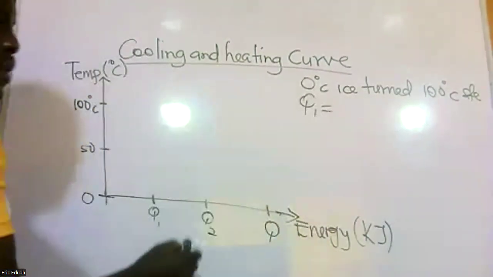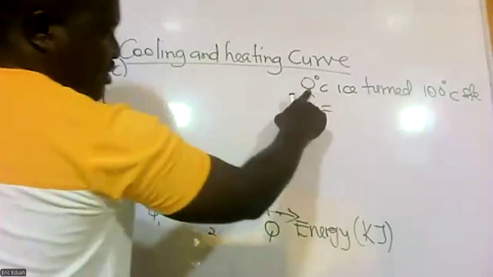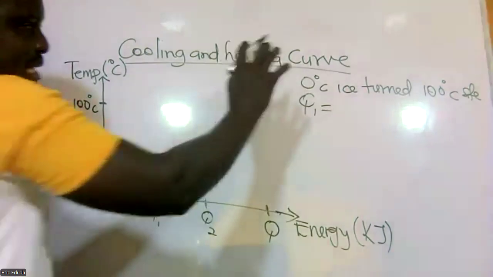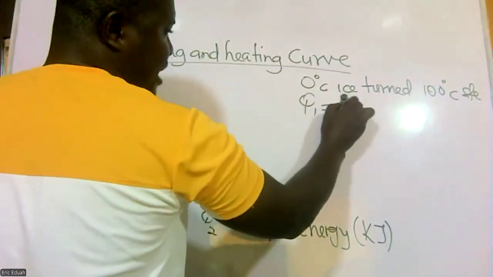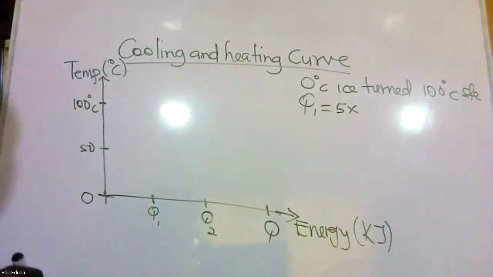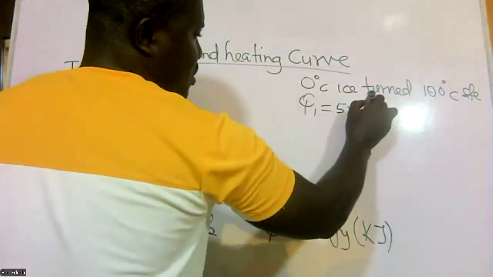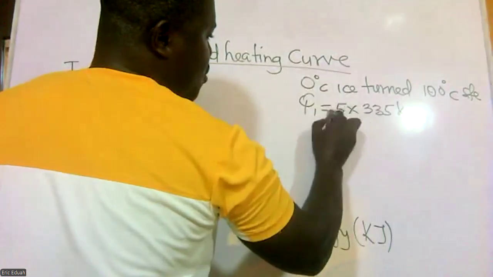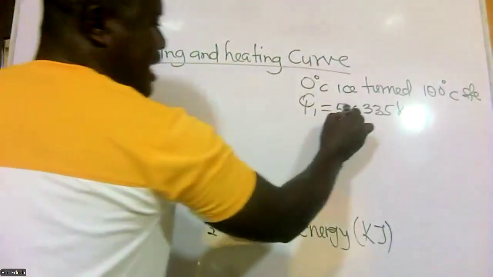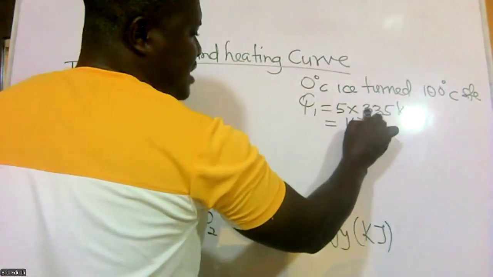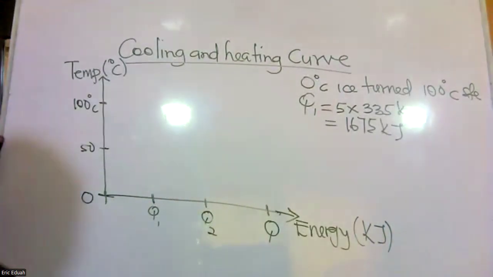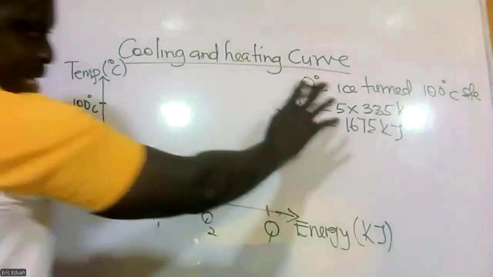Q1, fusion, because the initial temperature of ice is 0. Fusion: mass 5 times latent heat of fusion of ice, 335 kilojoules. We put this together and had 1675 kilojoules. Please, is that correct? Is that the answer?